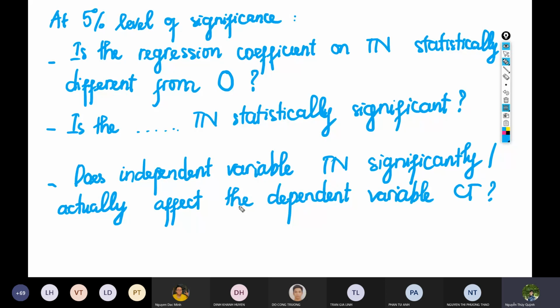So this is three ways of asking the same question.